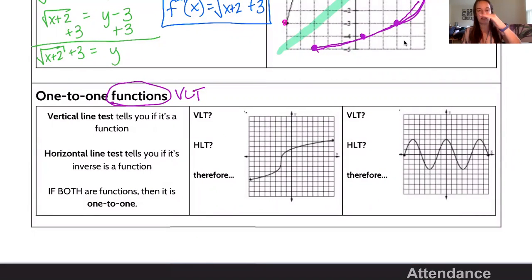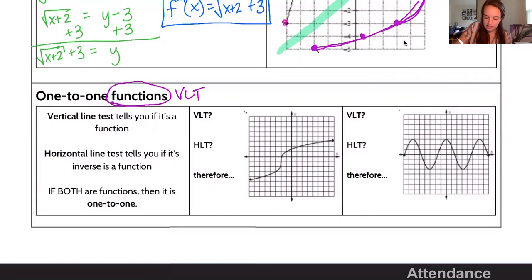You go horizontally, you count, and that tells you if your inverse is a function. In order to be one-to-one, both the function and the inverse of your function need to pass the vertical line test or the horizontal line test. So both need to be functions in order to make that happen.